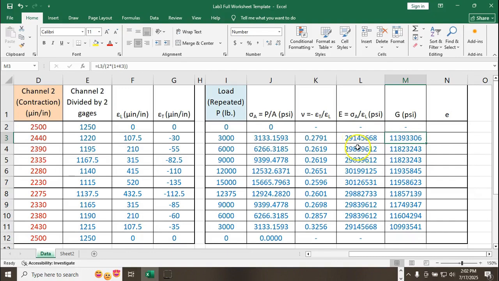So if I take 30 million, that's typically the textbook value for Young's modulus as far as steel goes. If you take 0.4 times 30 million, you get 12 million. So does that make sense? What is 0.4 times 29 million? That's about 11,600,000. So these numbers certainly seem reasonable.